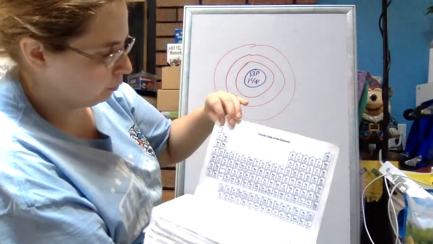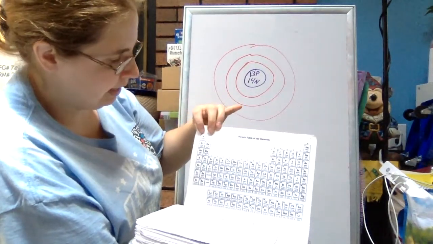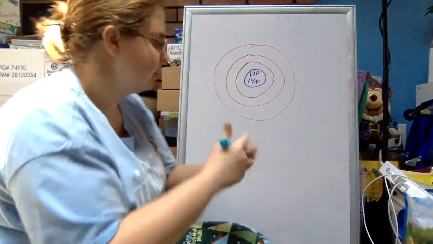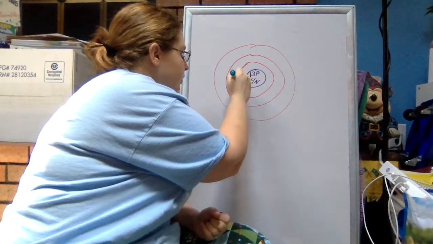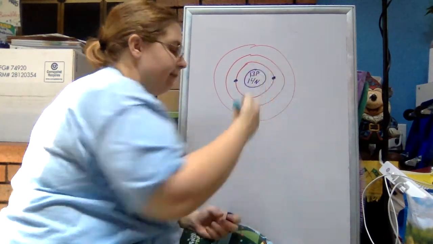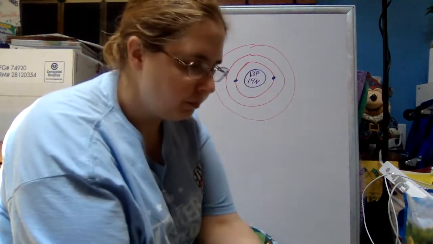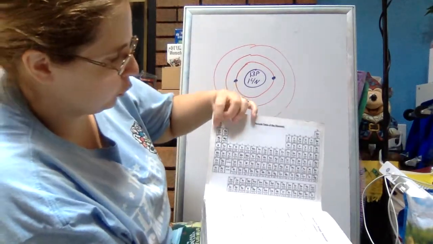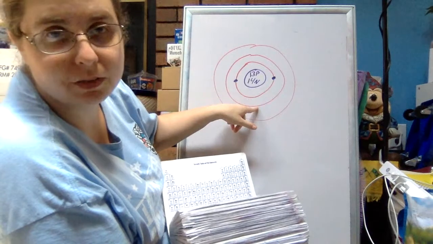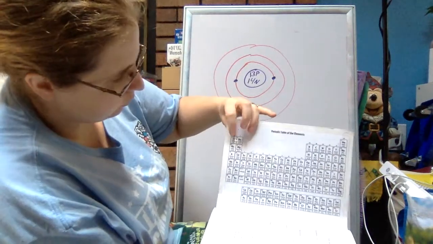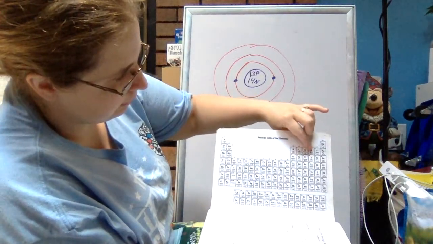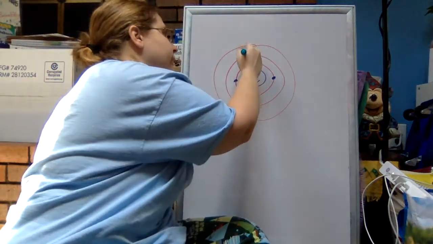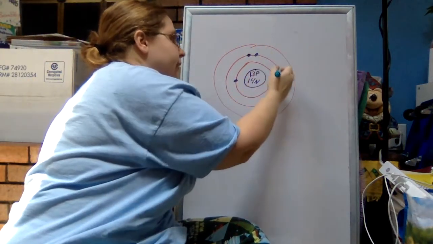So first row, which corresponds to ring 1, has hydrogen and helium. 2 elements, so 2 electrons can fit in that first row. The next row, row 2, or which corresponds to ring 2, has 1, 2, 3, 4, 5, 6, 7, 8. It can hold up to 8 electrons.